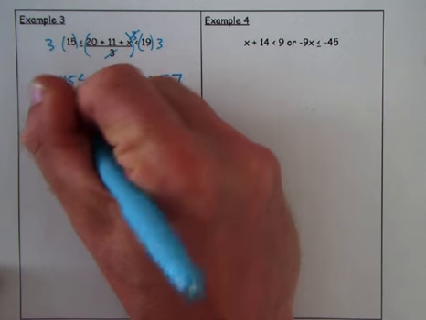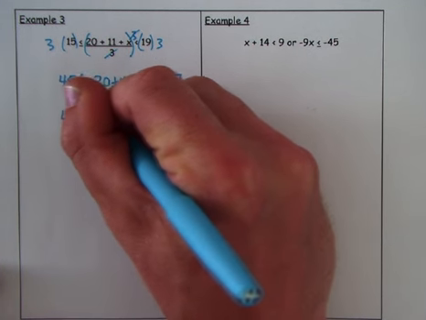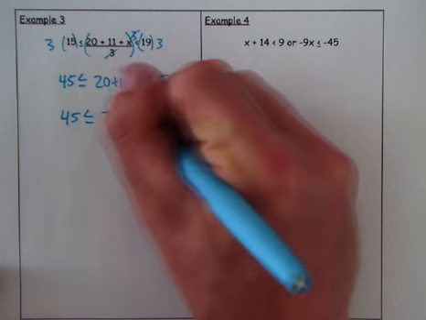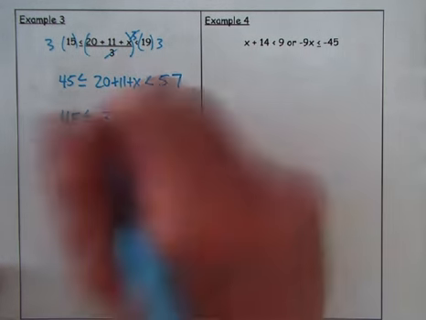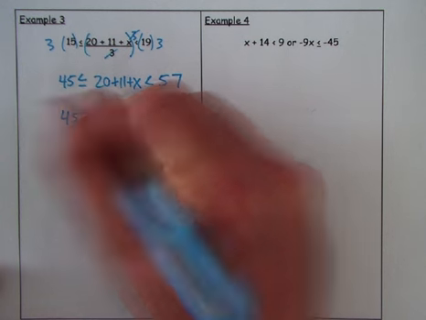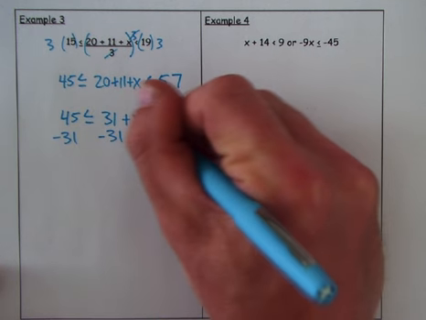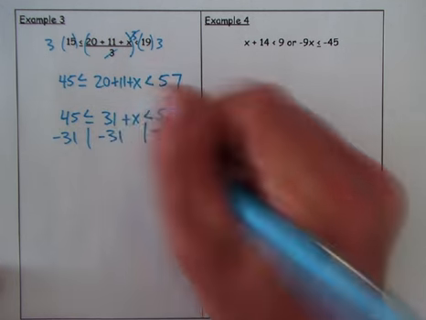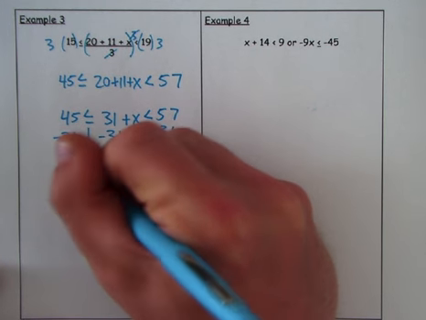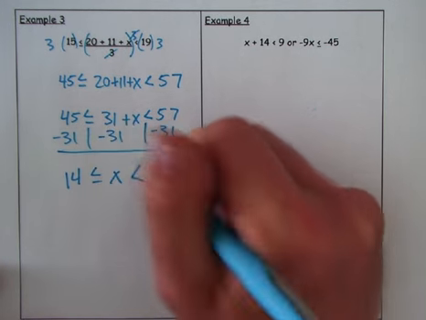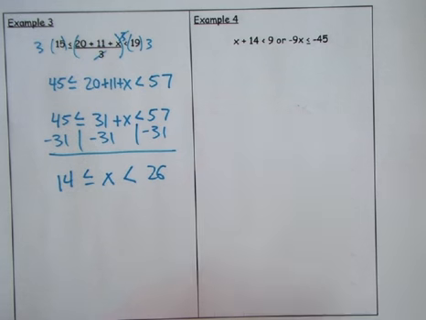We've got 45 less than or equal to 31 plus x, which is less than 57. Everybody with me? Get rid of this 31, minus 31, minus 31, minus 31. 45 minus 31 is 14, which is less than or equal to x, which is less than 26.